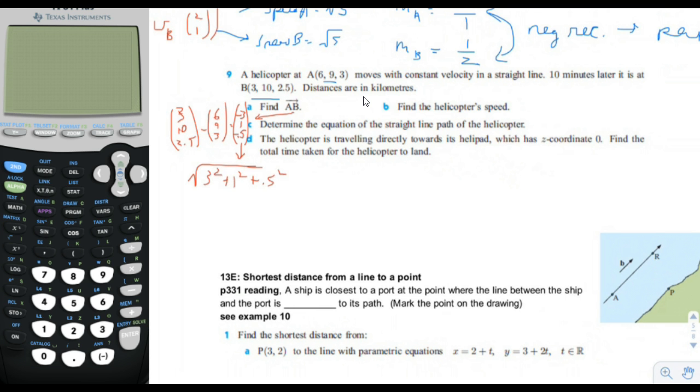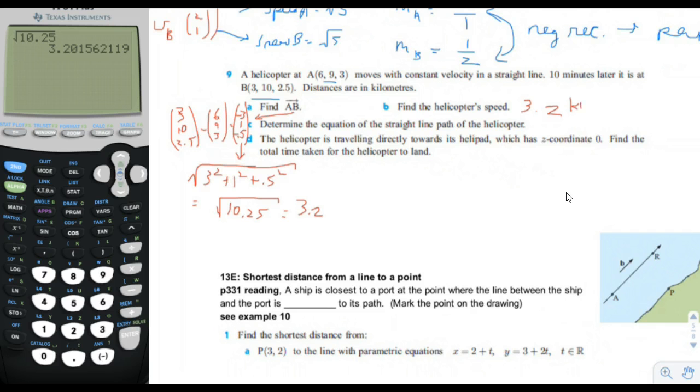That would be 9 plus 1, 10, plus 0.25, square root of 10.25, which is about 3.2.